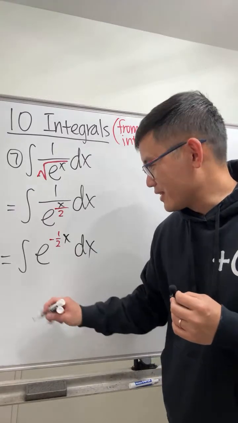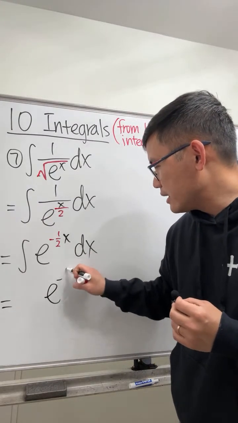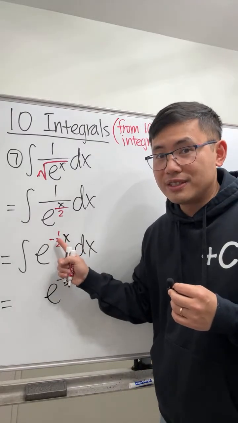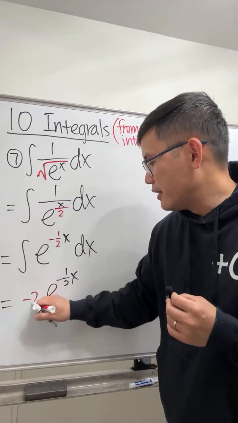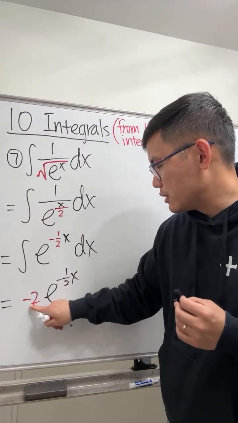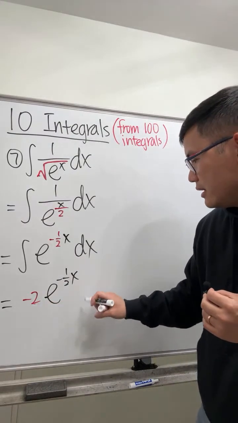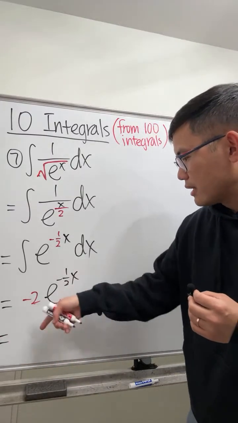All right, thank you guys for the answer. This right here equals, this part repeats, e to the negative 1 over 2x, but you divide it by this coefficient. Dividing by negative 1 over 2 is the same as multiplying by negative 2 over 1, which is just that. And of course, you can put this on the bottom.